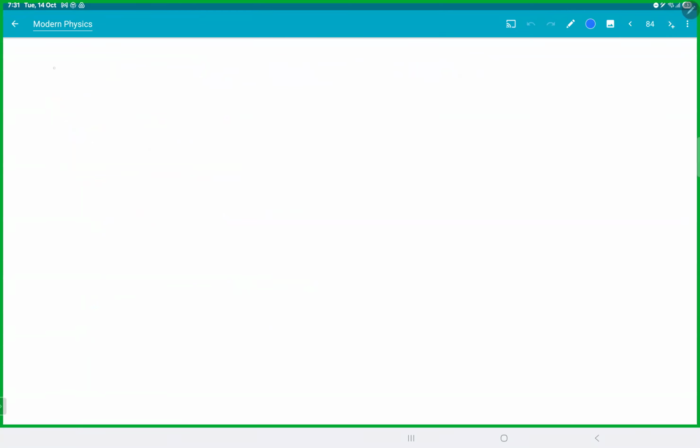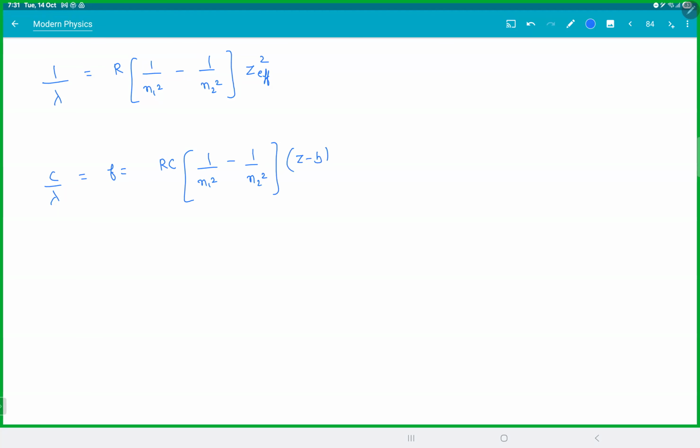So we can derive this. 1 by lambda is Rydberg constant into 1 by n1 square minus 1 by n2 square into z effective square. If you multiply c on both the sides, this will become c by lambda, which is frequency, equal to Rc into 1 by n1 square minus 1 by n2 square into z minus b whole square.